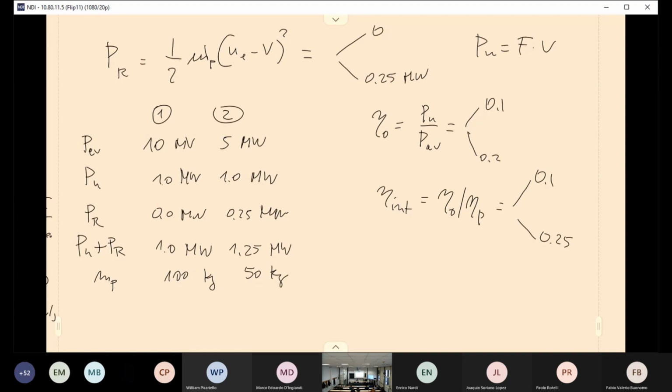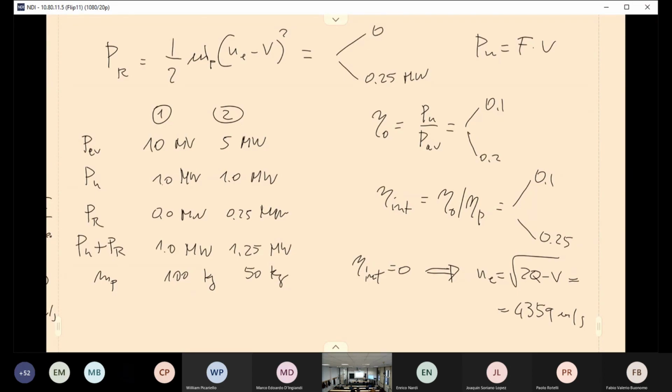So 100% internal efficiency means that you are considering an equivalent exhaust velocity such that, to get this equal to 1, we need a higher exhaust speed, so we still have a residual power of the jet, which in this case is greater, 1.3 megawatt.